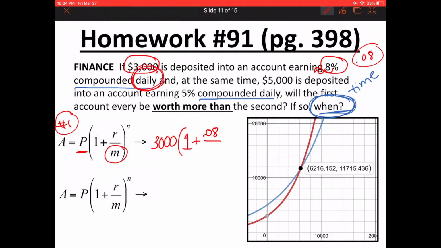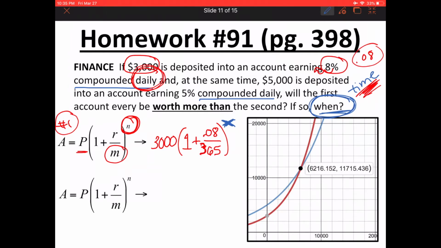So if I'm compounded daily, how many times per year is that? That is 365 times per year because there's 365 days in a year. N is how many total compounds? I don't know what the time is, right? That's what the question is asking me to find. So for time, I'm going to leave my variable x.